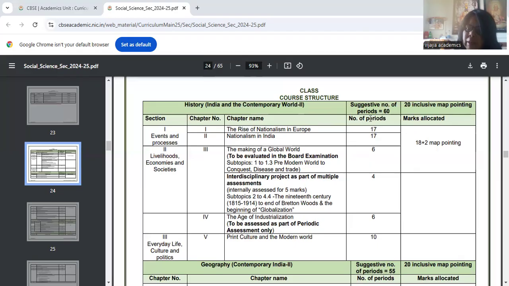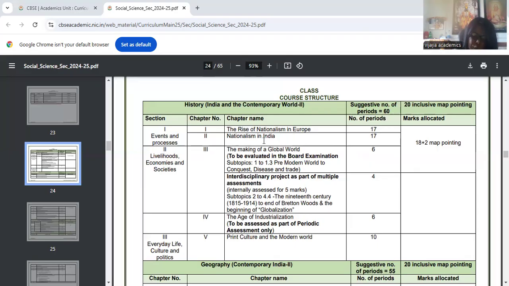First of all, they have given the periods, how many periods the teachers are going to utilize to teach history. Here the number of periods given is 60, and 20 inclusive of map pointing. The first chapter is events and processes. In that, the rise of nationalism in Europe and nationalism in India.